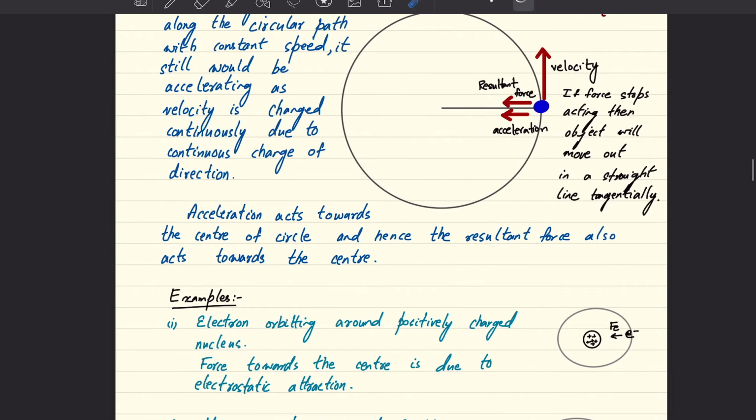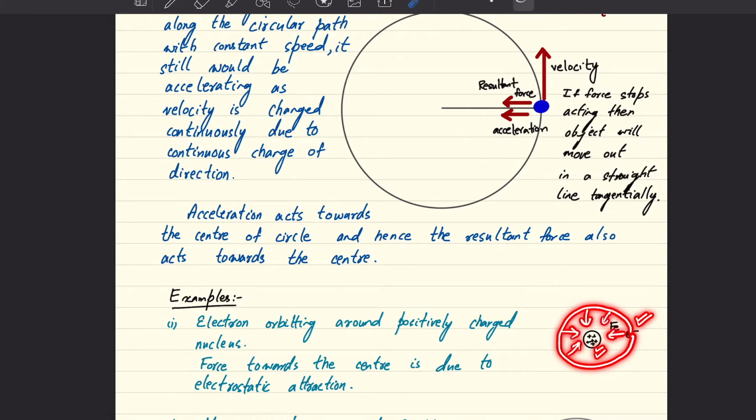We can have different examples of bodies undergoing circular motion and experiencing centripetal force causing centripetal acceleration. For example, if an electron orbits around a positively charged nucleus, it goes in a circular path, it continuously accelerates because of continuous change in direction, and the force acts towards the center.